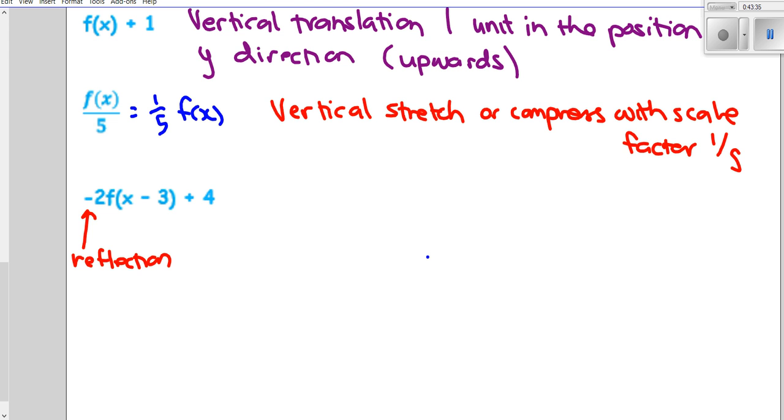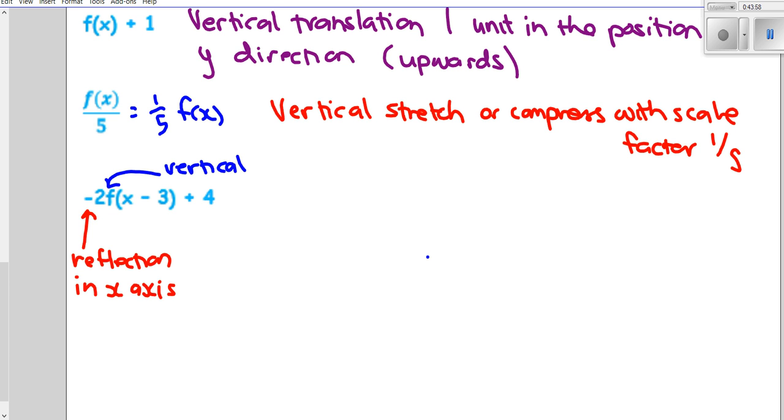It's all flipped upside down. What does the 2 do? Stretches. Yep. What kind of stretch? Vertical. Yeah, vertical stretch. Vertical stretch meaning it gets narrower. It's narrower, yeah.